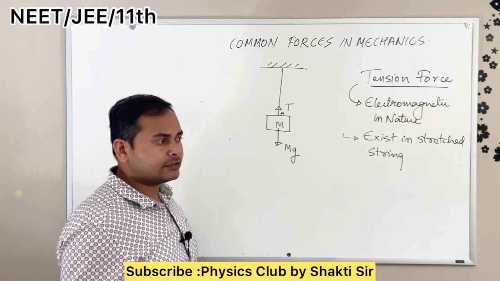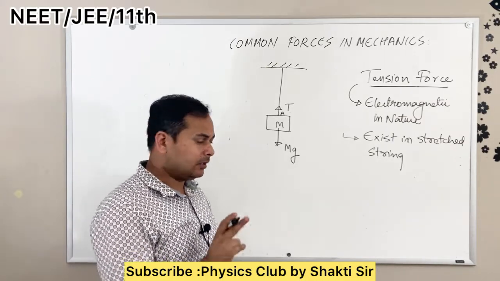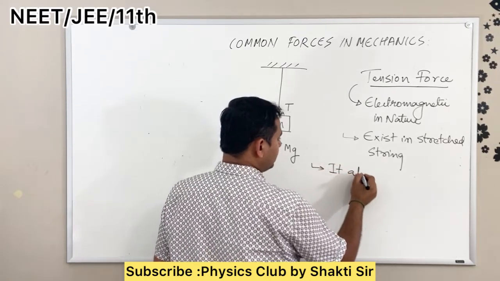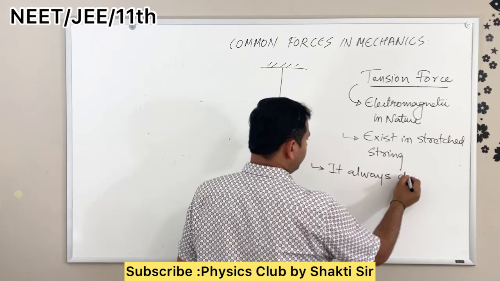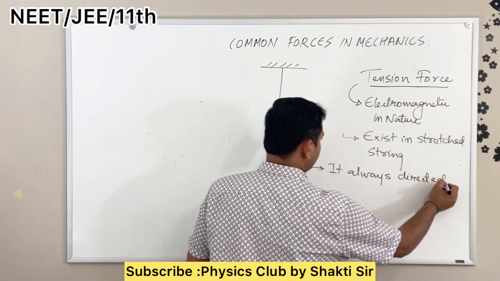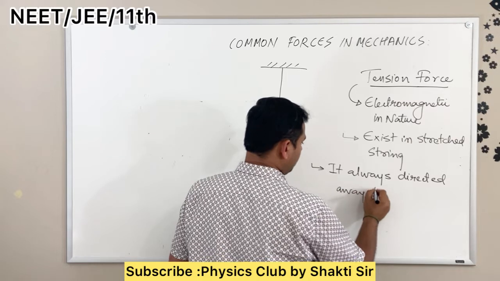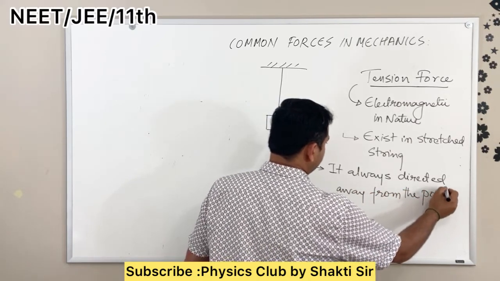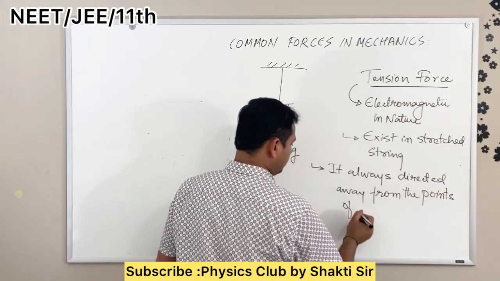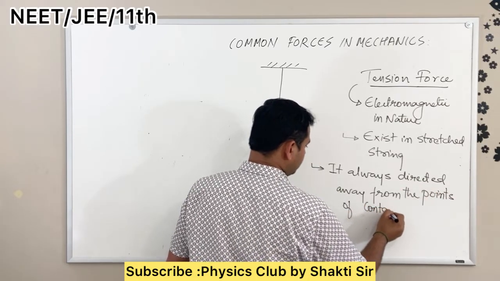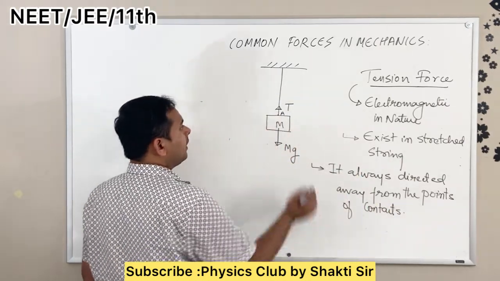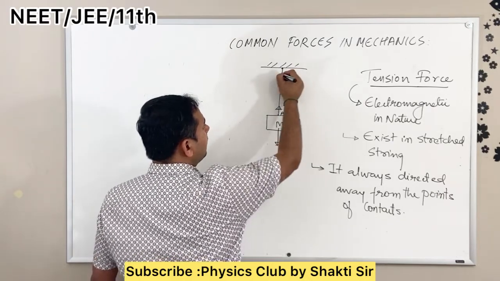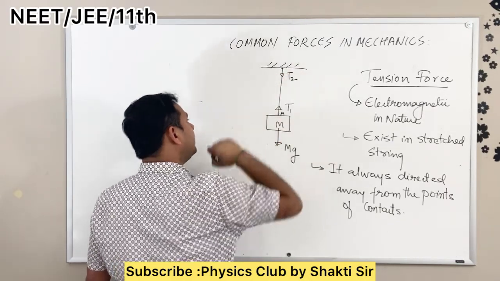So tension force is always directed away from the points of contact. As here we can say there is also a contact, so here let's say T1 and it is directed downward, it is T2.